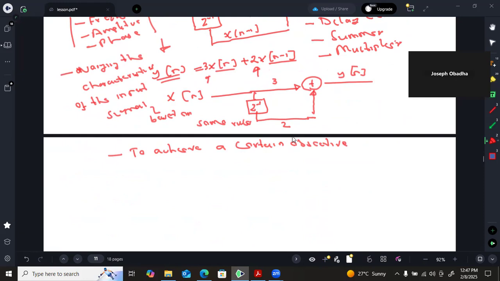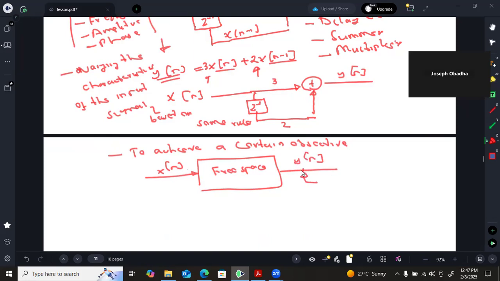But it may also happen that with natural systems, like free space, say you are to pass some signal through free space, then it will still be affected by the free space, so that we get the output y of n.